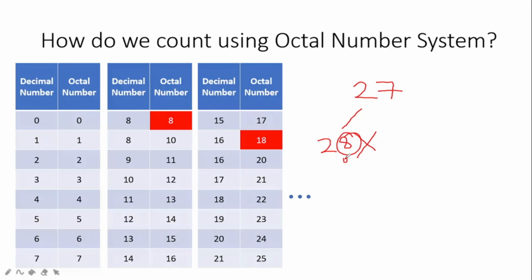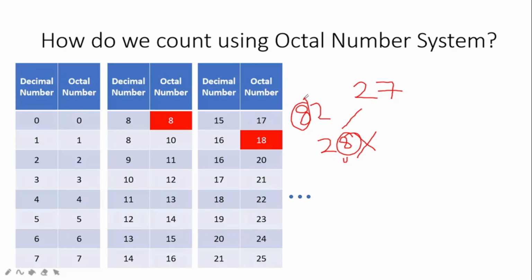So even if it were 82 instead of 28, it again contains 8, irrespective of its place in the number. So if a number contains the symbols 8 or 9, then it does not belong to the octal number system.